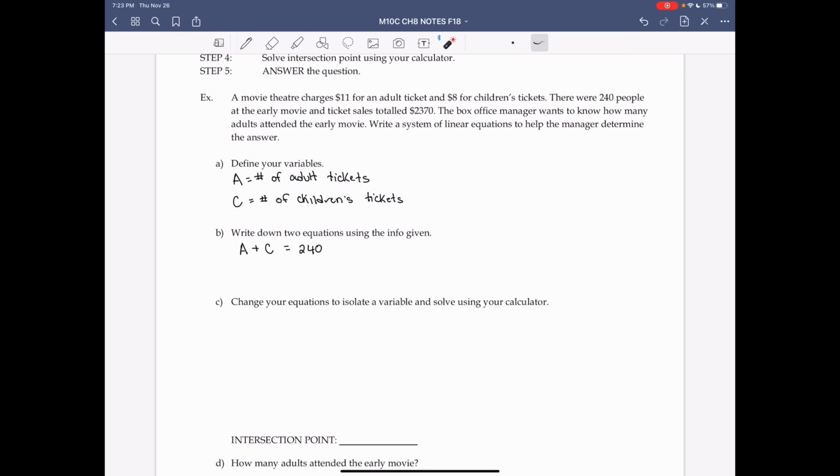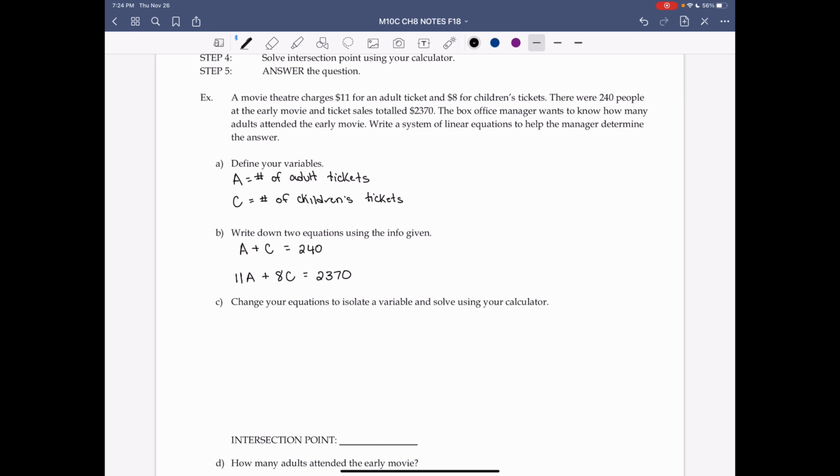Well, the total amount of money made would be the cost of adult tickets, which is $11, times the number of adult tickets sold, plus the cost of children's tickets, which is $8, times the number of children's tickets sold, which is C, is going to equal the total sales, which is $2,370.